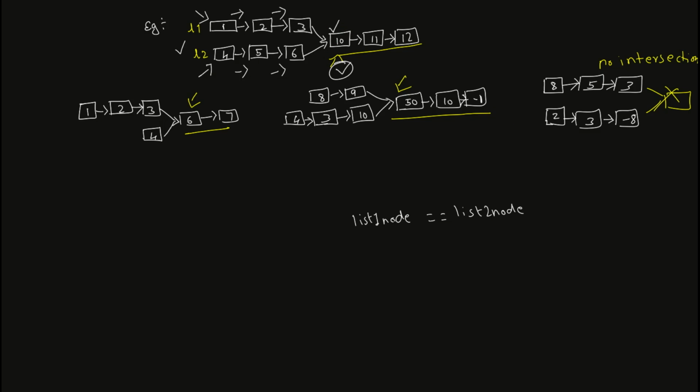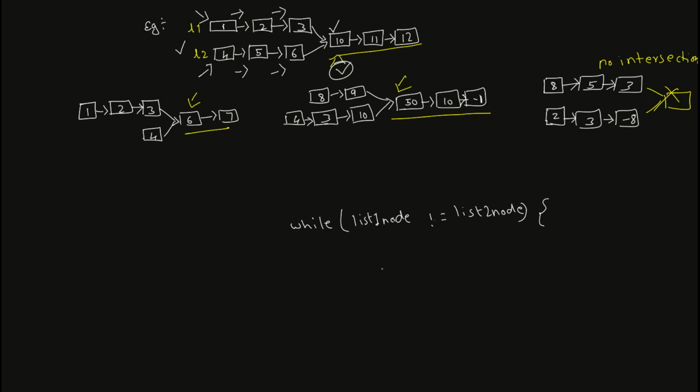So we'll just change this condition here and make it a while loop. So this loop will run until this intersection point is found. That was what we meant to do.